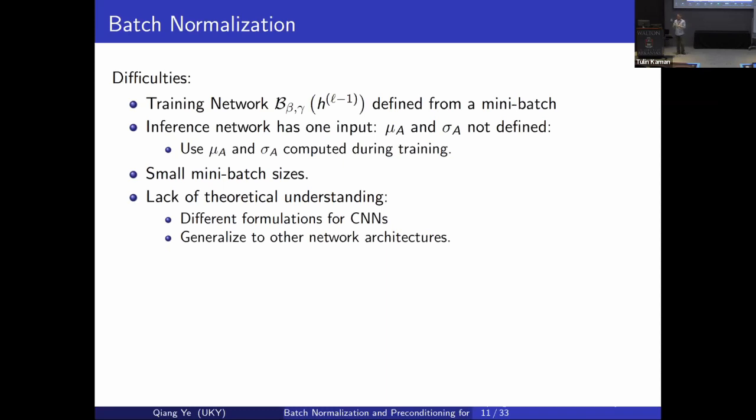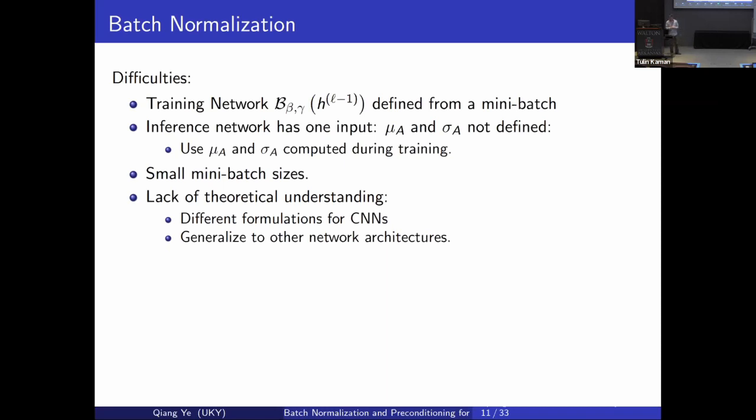But then at inference time, testing, of course, you don't have a mini batch. You just have one input sample. In that case, you don't have mu and sigma. So what they do is just use the mu and sigma that were computed during the training, some sort of means over the last training epochs.